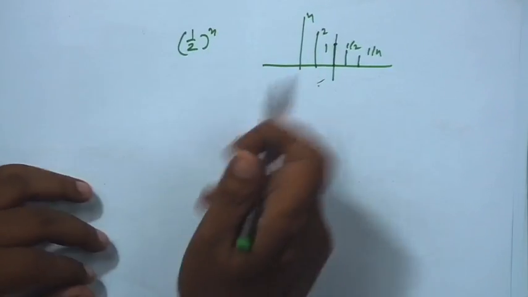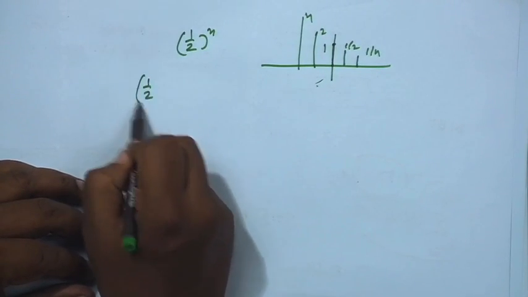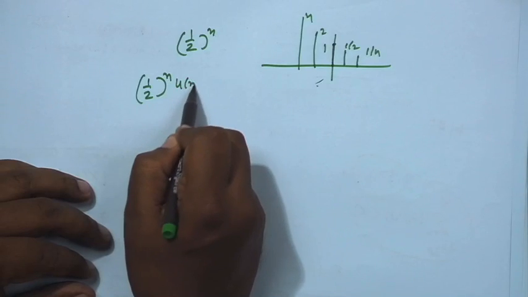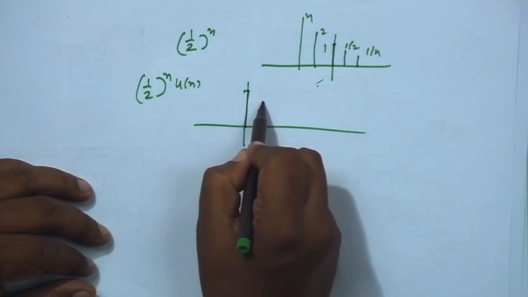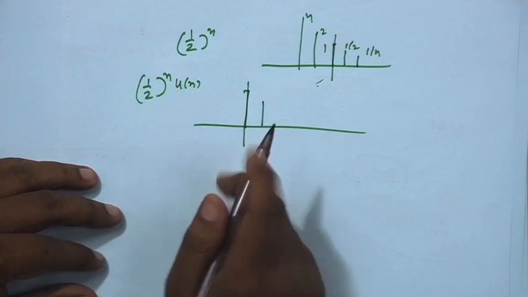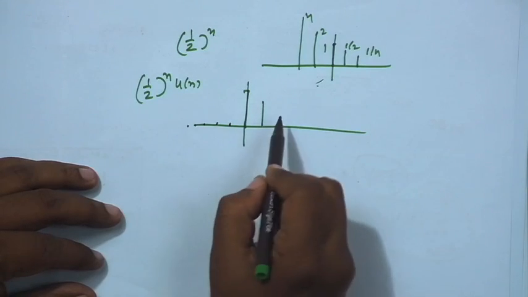All right. On the other hand, if I give you half to the power n u[n], then there is no problem. It will be 1, 1/2, 1/4 and so on, going on the right hand side, and it will be causal also, because the left hand side is 0.